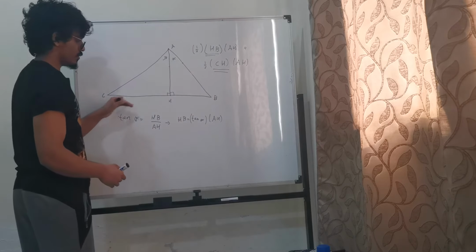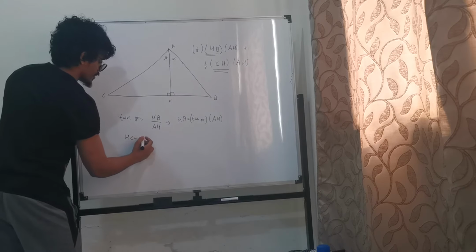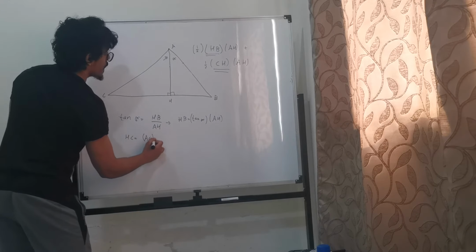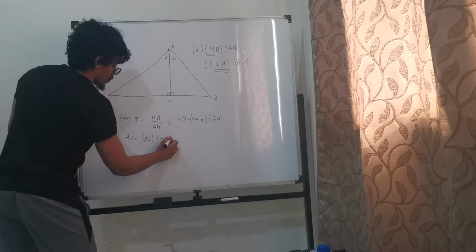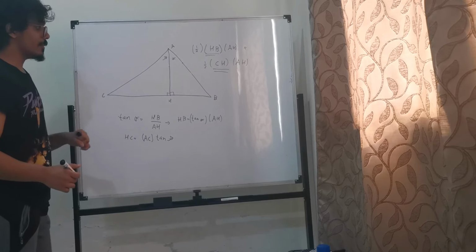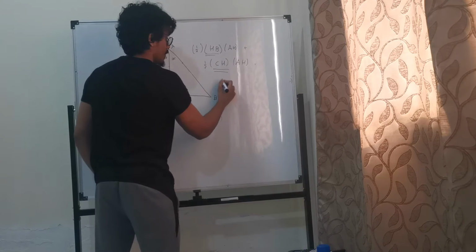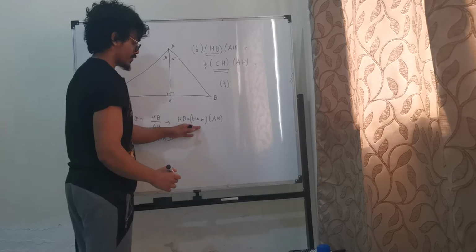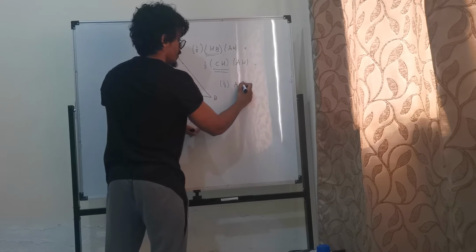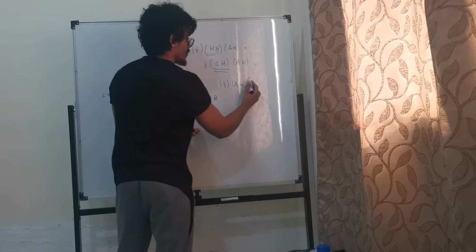Similarly, HC can be written as AH tan of beta. So we can substitute their values back. This will be equal to half HB, which is tan alpha times AH, and since there's another AH, this will be AH squared.